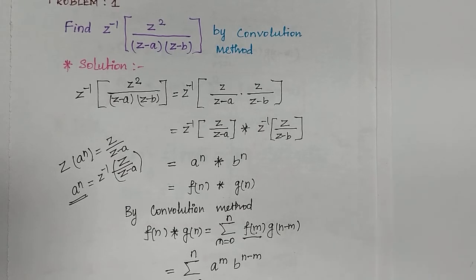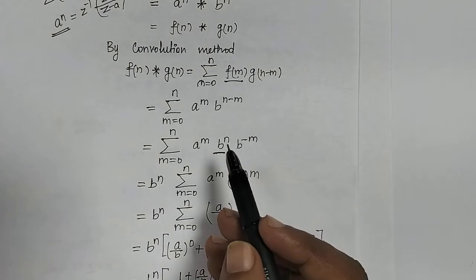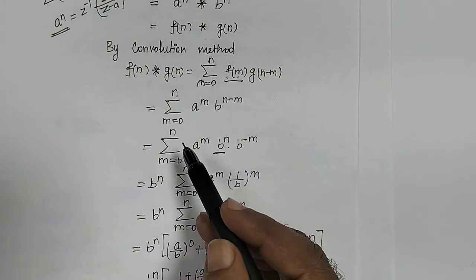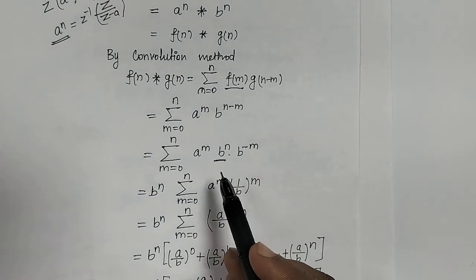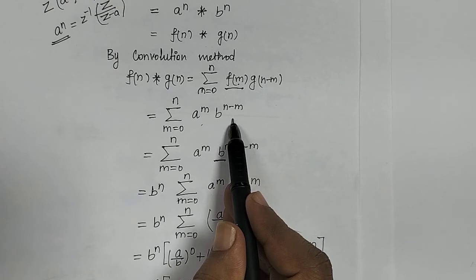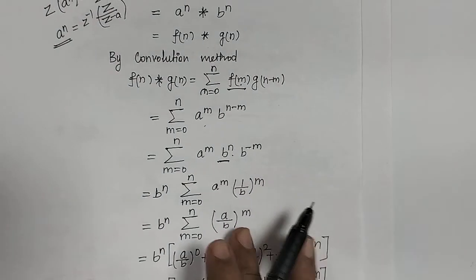But the only thing is, you should split the term according to our formula, otherwise it's difficult. But this problem will be very easy. We just substituted the formula a power n, b power n, that's it. Thereafter first function replaced by m, second function replaced by n minus m, and simplification of the terms.